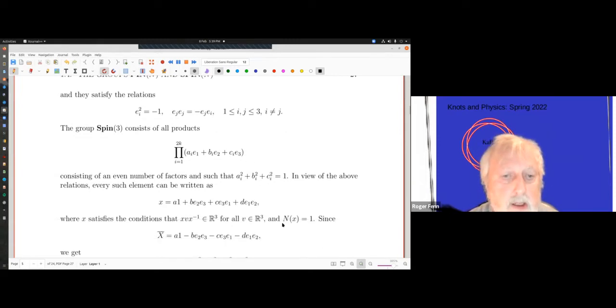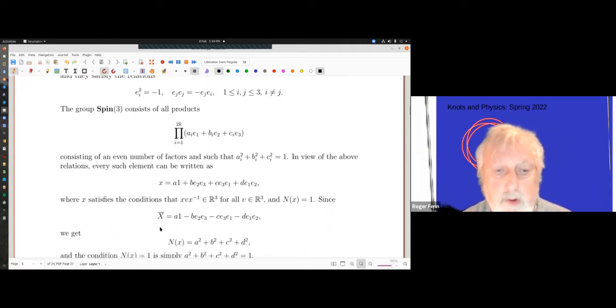Every such element can be written as A times 1, where A, B, C, D are real numbers, 1 is the 1 of the algebra, and then e2e3, e3e1, e1e2.